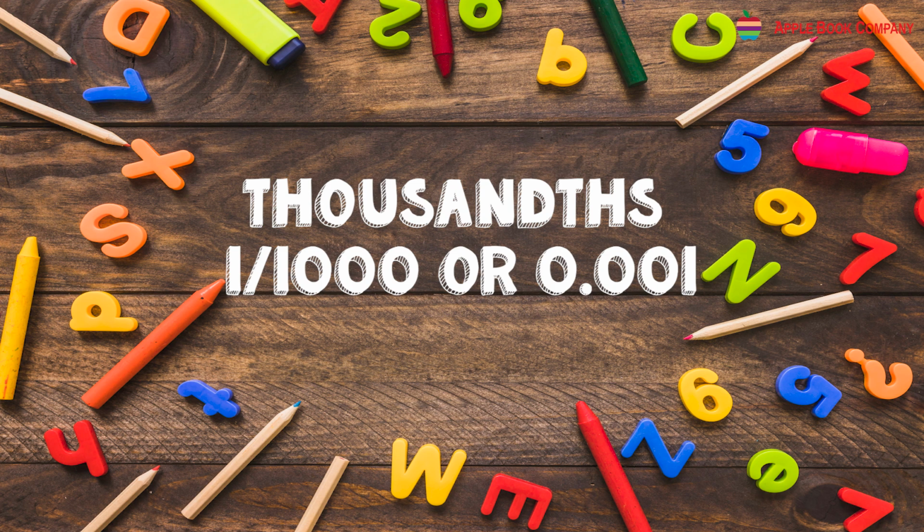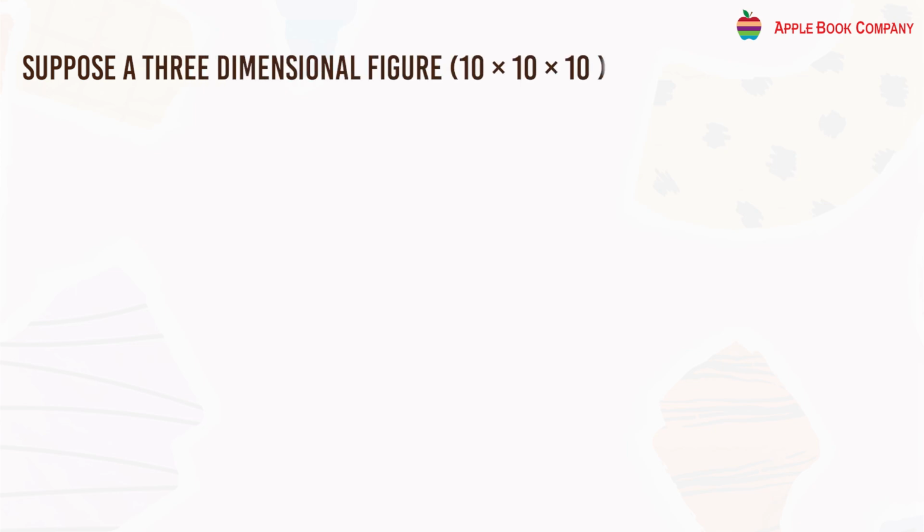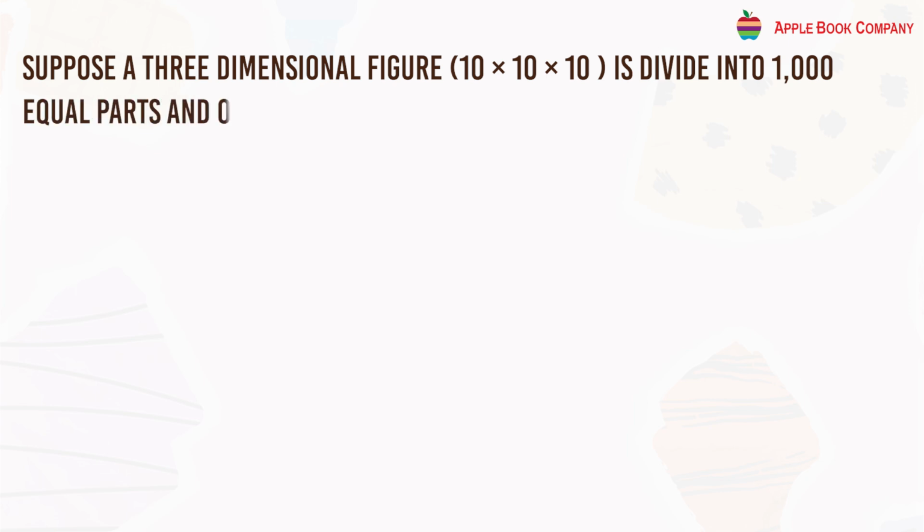Thousandths. 1 by 1000 or 0.001. Suppose a three-dimensional figure 10 into 10 into 10 is divided into 1000 equal parts and one part is taken. That one part represents 1000th part or 1 by 1000 of the whole.